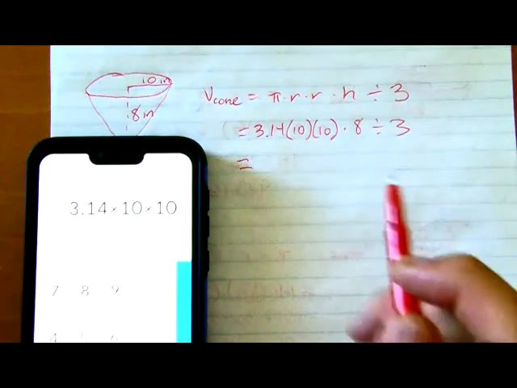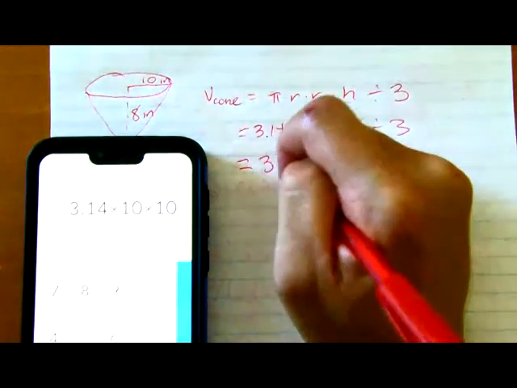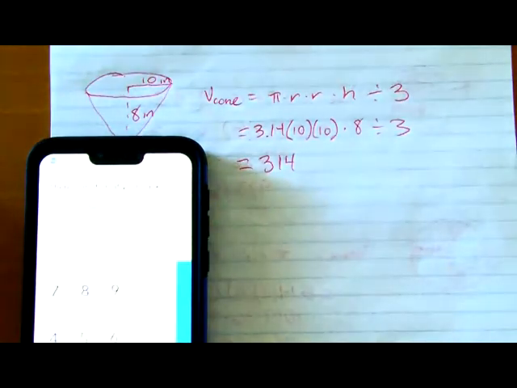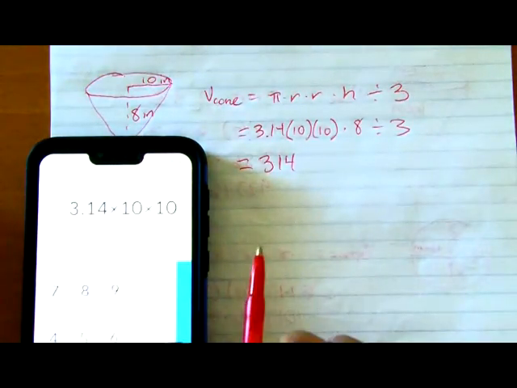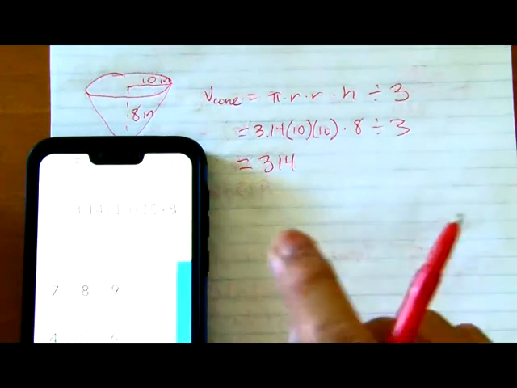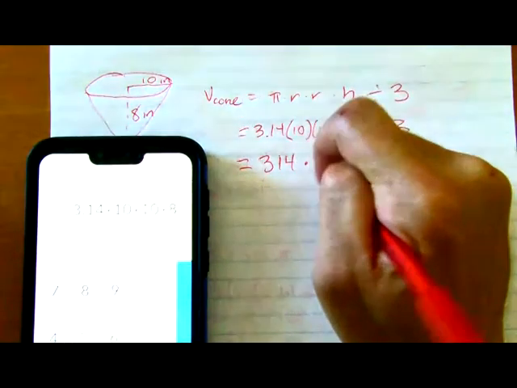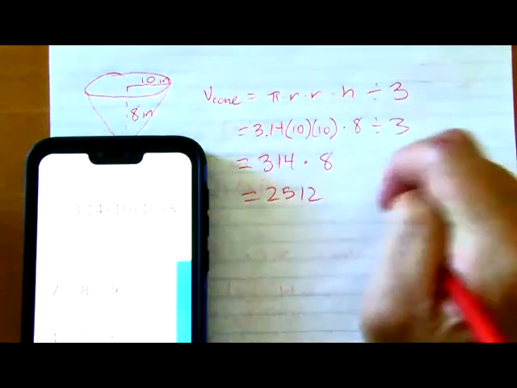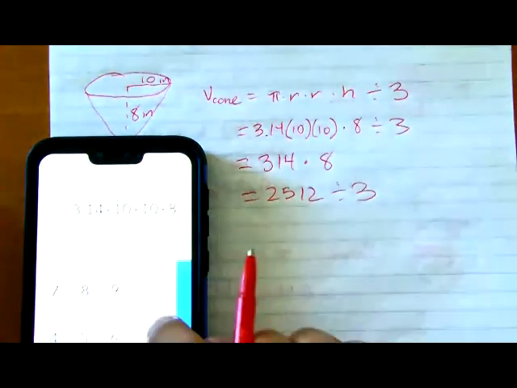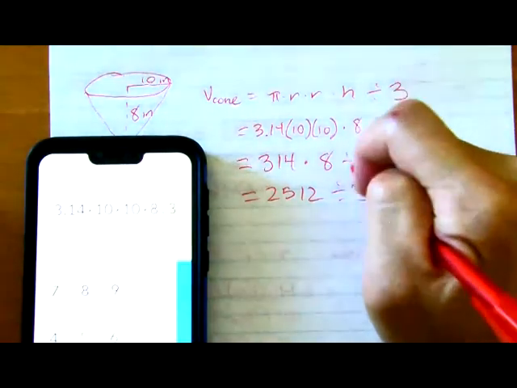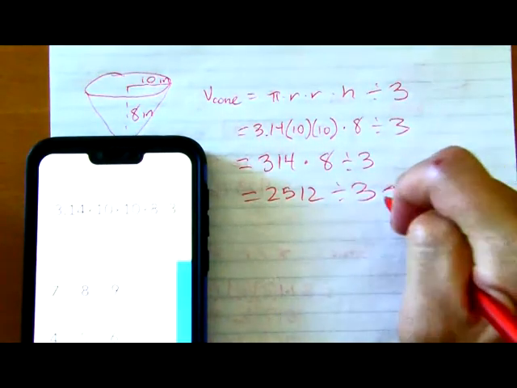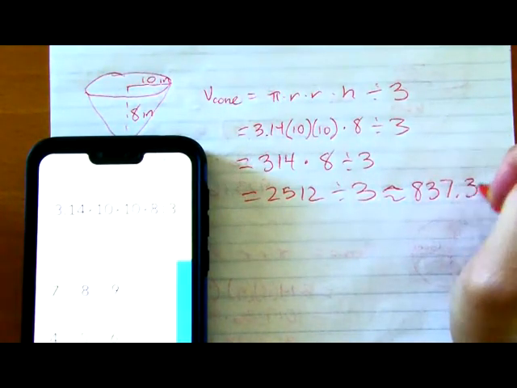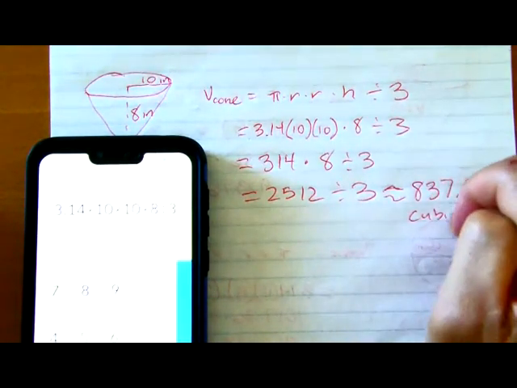That'll give us 314 times 8, 2512. And then we're just going to divide by 3. So it's about 837.33 cubic inches.